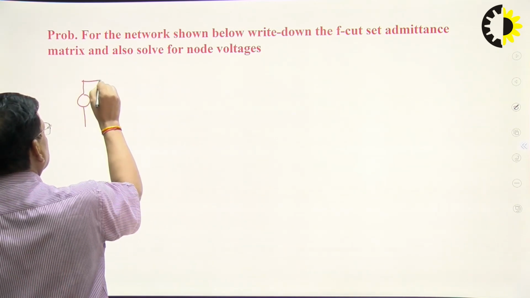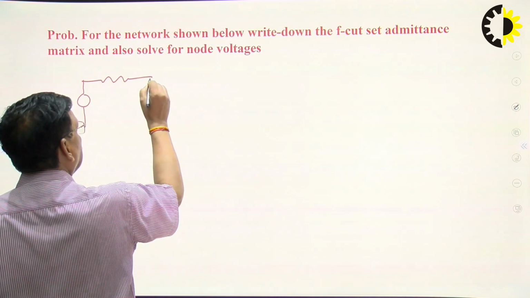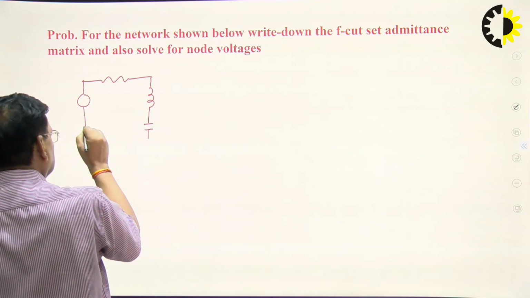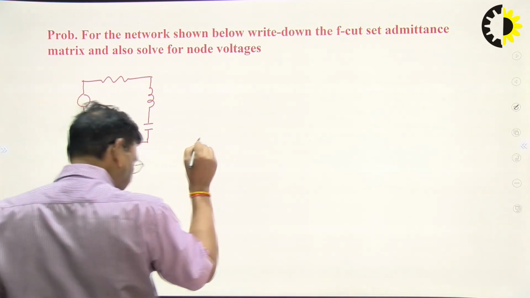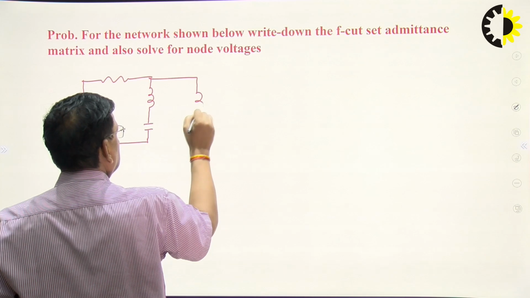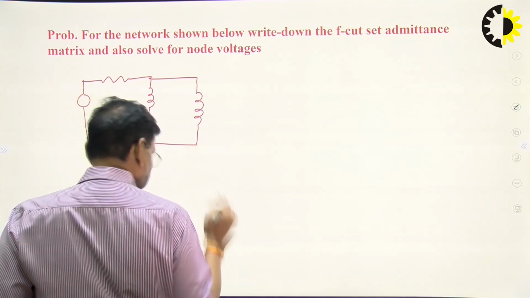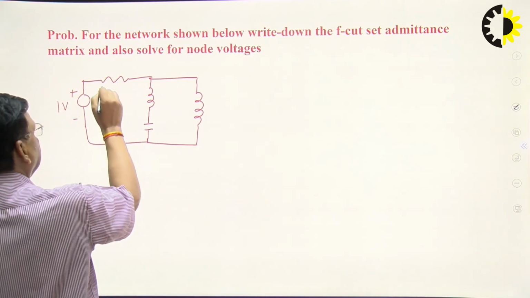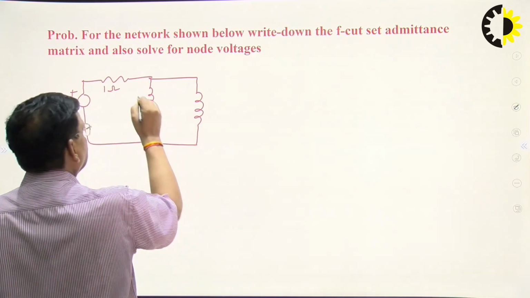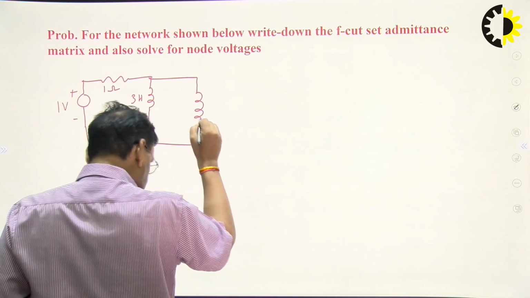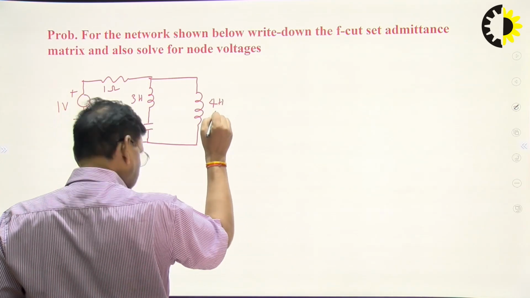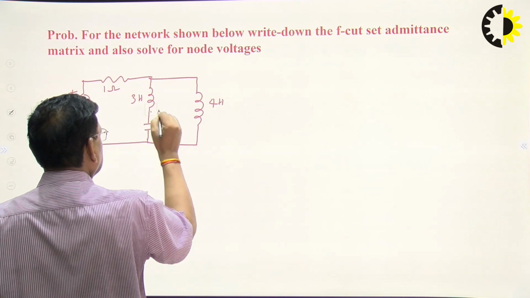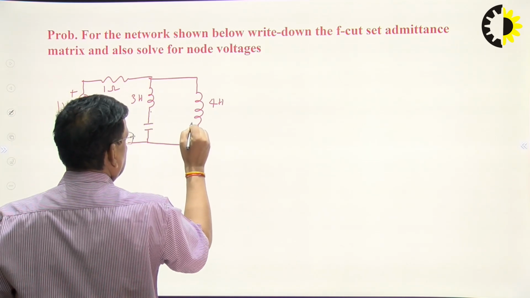It is one voltage source of 1 volt, then 1 ohm impedance, then 3 Henry, 4 Henry, and there is a dot here and a dot here.